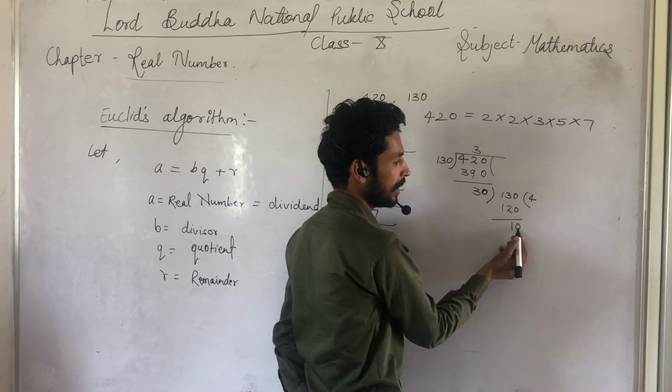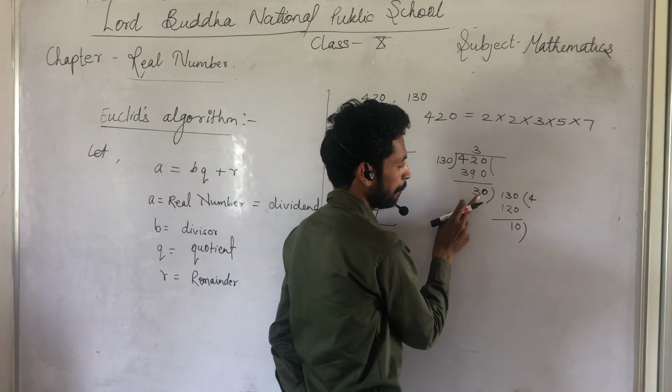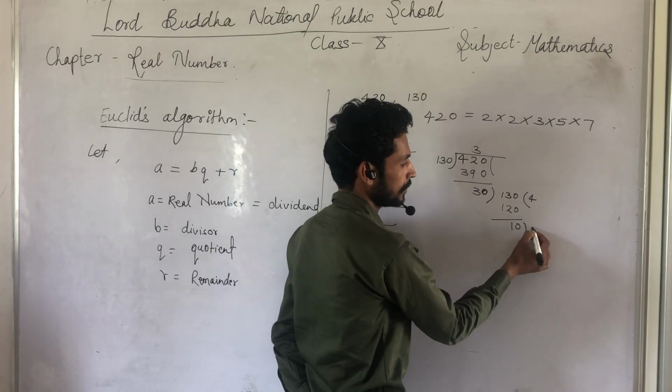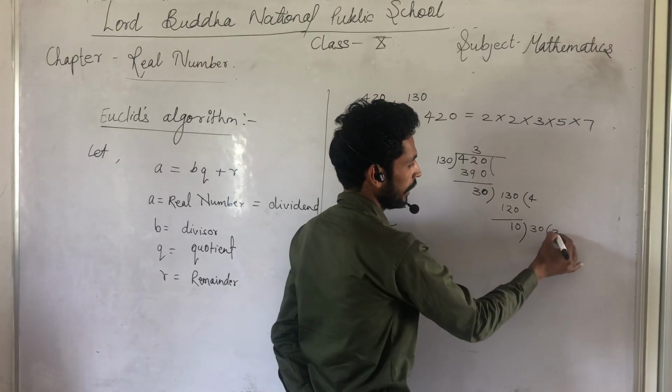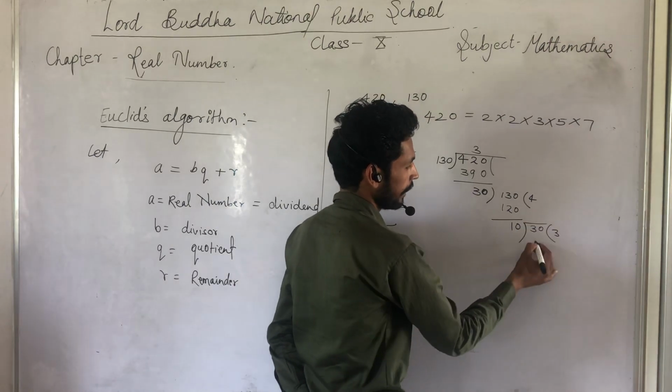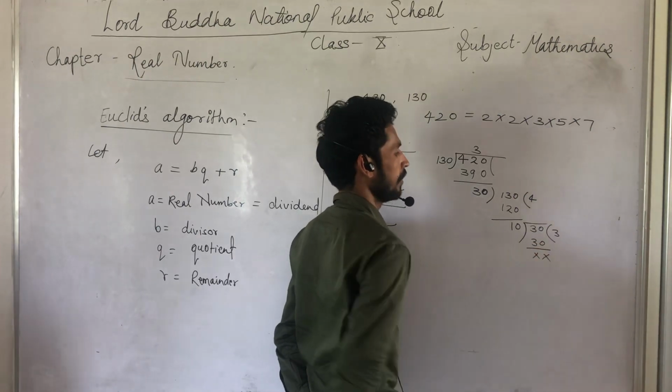Now this remainder becomes the divisor and the previous divisor 30 becomes the dividend. Now 3 times 10 is 30 and there is no remainder.